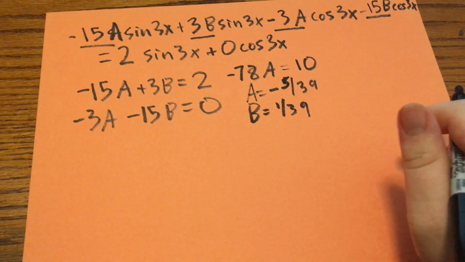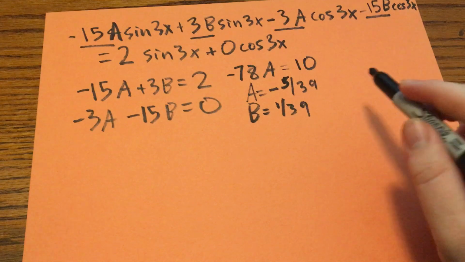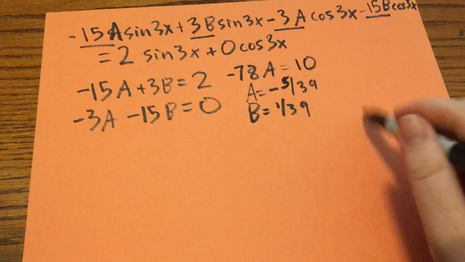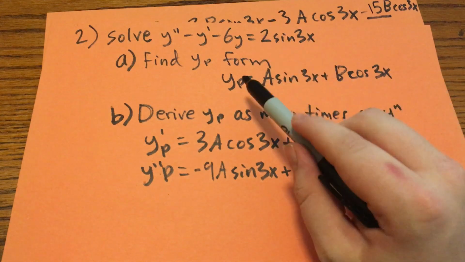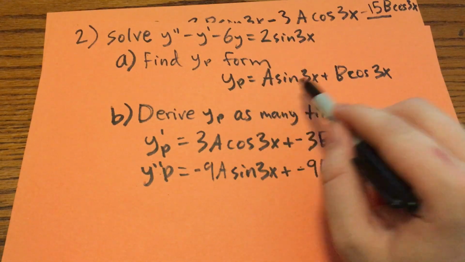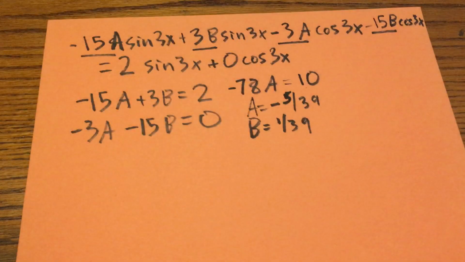Now we have a and b, and all we need to do is plug them back into the particular solutions that we found at the beginning. So here it is. Y sub p equals a sine of 3x plus b cosine of 3x. And remember, all we need to do after that is add it to the complementary solution.